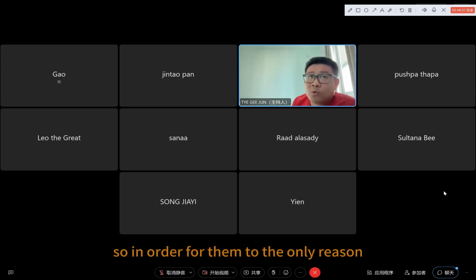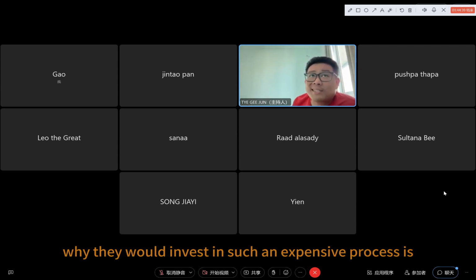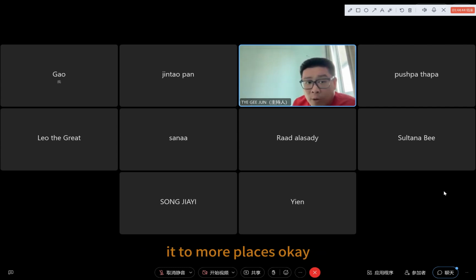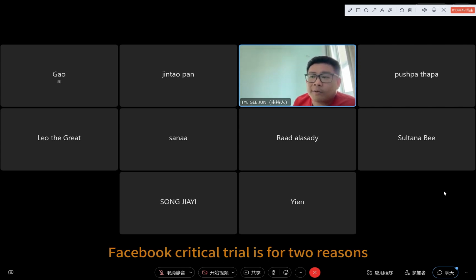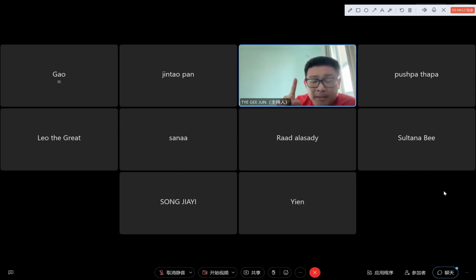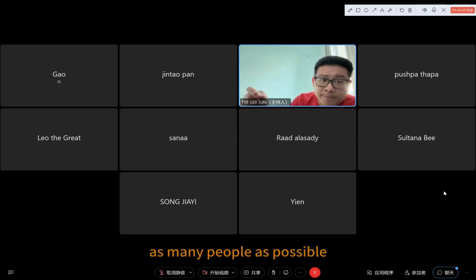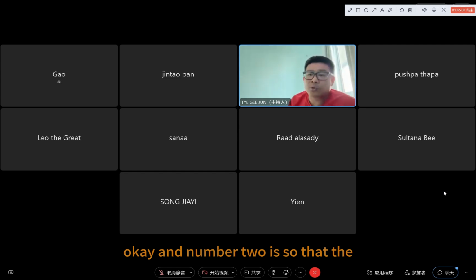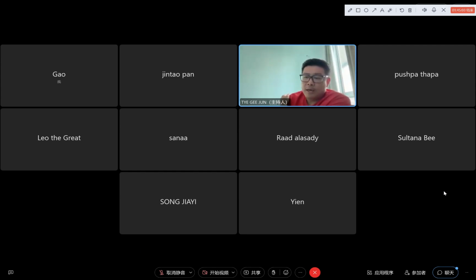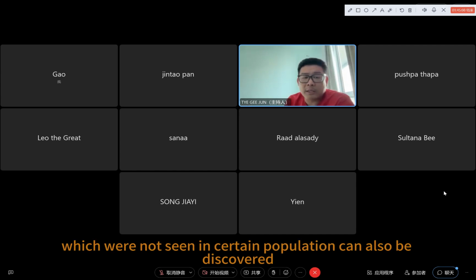The only reason they would invest in such an expensive process is when they want to sell it to more places. So at the end of the day, a phase 4 clinical trial is for two reasons. Number one is marketing, whereby the drug company wants to sell it to as many people as possible. And number two is so that any adverse effects which were not seen in certain populations can also be discovered.